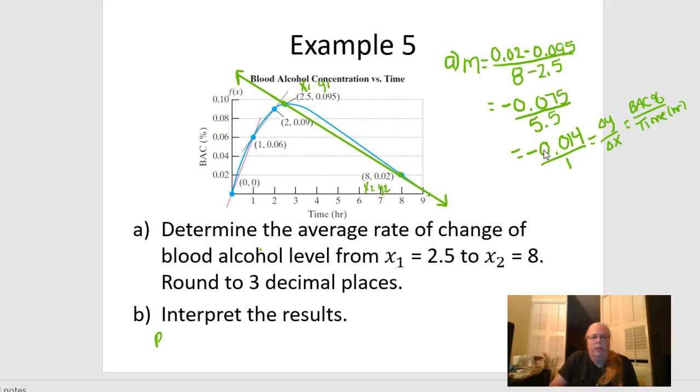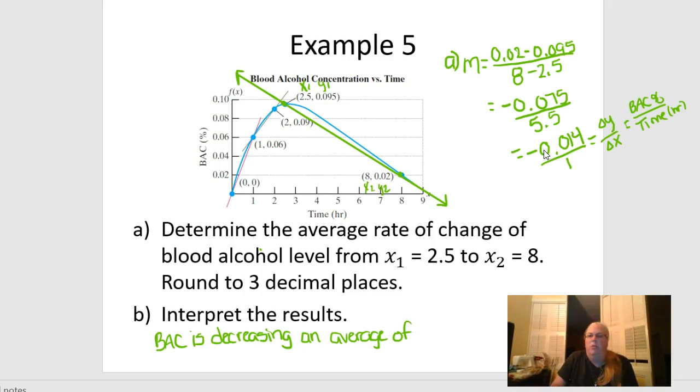Okay, blood alcohol content is decreasing an average of how much?